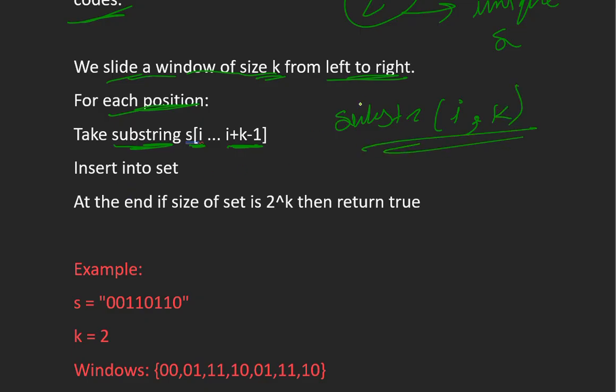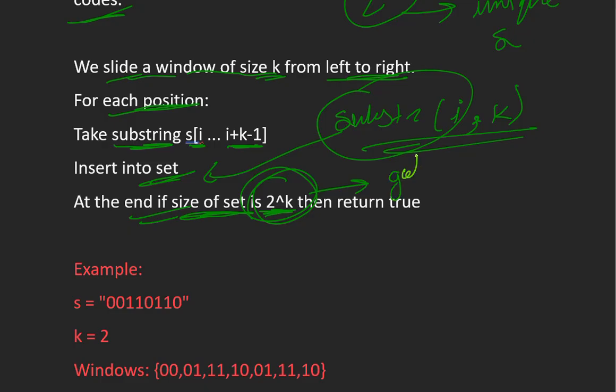And then we get the substring, we insert this substring into the set, and at the end we check if the size of the set is 2 to the power k. If the size of the set is 2 to the power k, that means we got 2 to the power k unique substrings, and the number of our binary codes is also 2 to the power k. So in that case we return true, otherwise we return false.